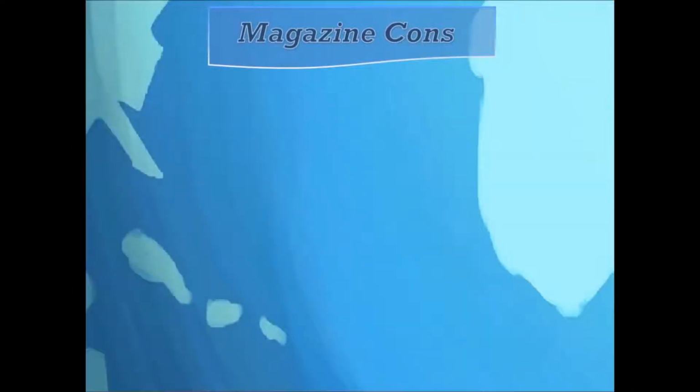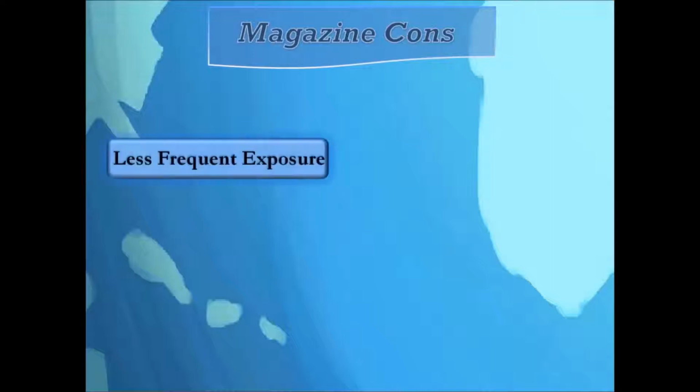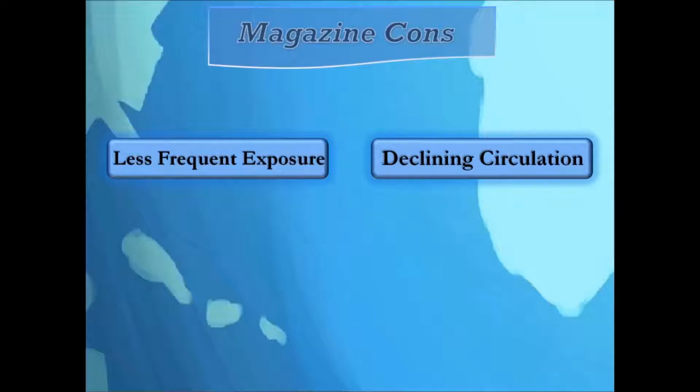Magazine cons. So what are the disadvantages for advertising in the magazine? Less frequent exposures. If you're advertising in a monthly magazine, by the time the next issue rolls around, readers probably don't recall ever seeing your ad from a month ago, making your marketing campaign less effective. Declining circulation and readership.